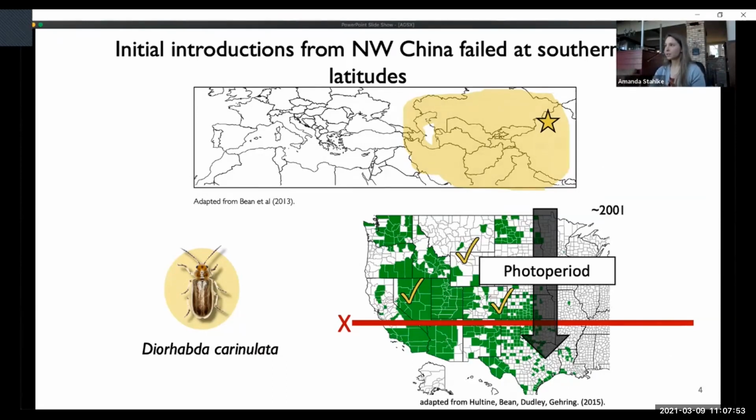So this was the situation in about 2001, with some control initiating in the north, but tamarisk in the south was still not able to be controlled by biocontrol.